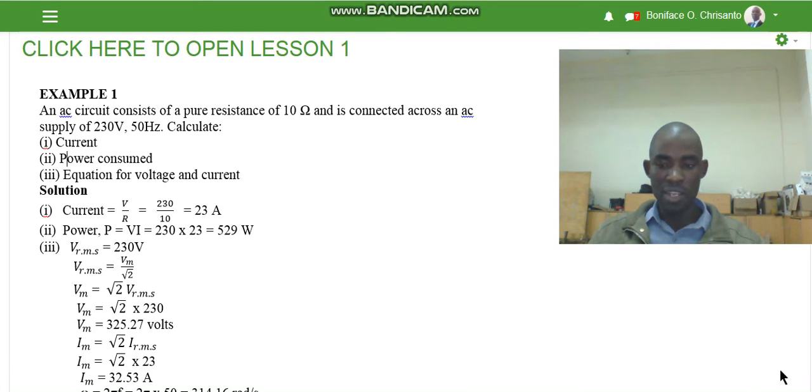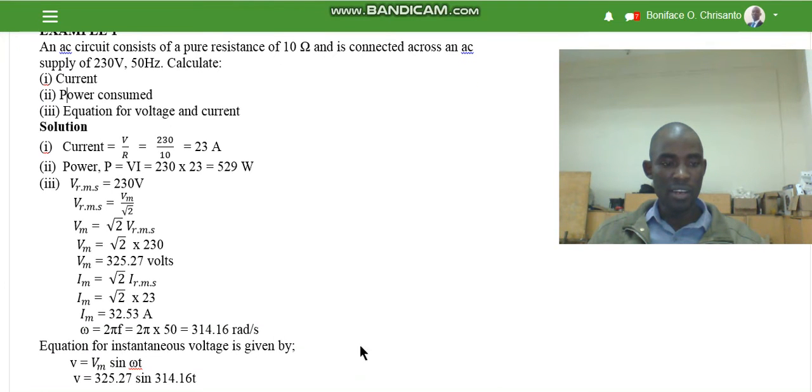If you multiply by root 2, you get 32.53 amperes.